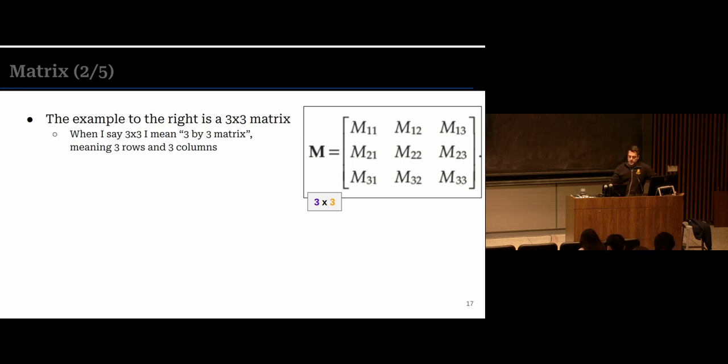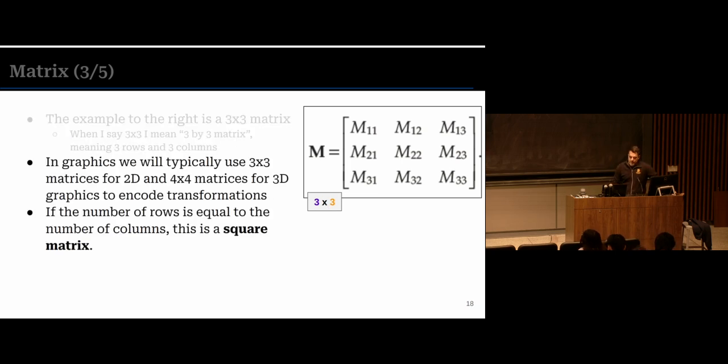But we're going to follow a specific convention here. Typically in this class, we're going to use 3x3 matrices for our 2D graphics. And if you come see me in the future in a 3D course, we're going to use 4x4 matrices, because we'll need one extra dimension. We'll get to why we need 3x3 matrices in a 2D world towards the end. That's where we're going to hope to land today.